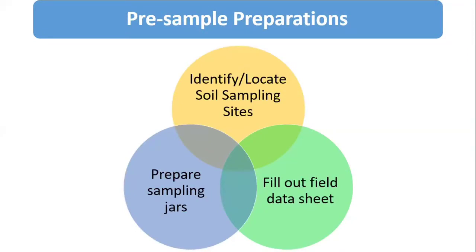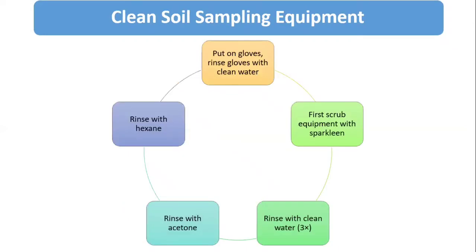First we have to do some pre-sample preparation. First we have to identify or locate our soil sampling site, then fill out the field data sheet, then prepare sampling jars. Then we have to clean our soil sampling equipment. First, we have to make sure that we are clean and safe.